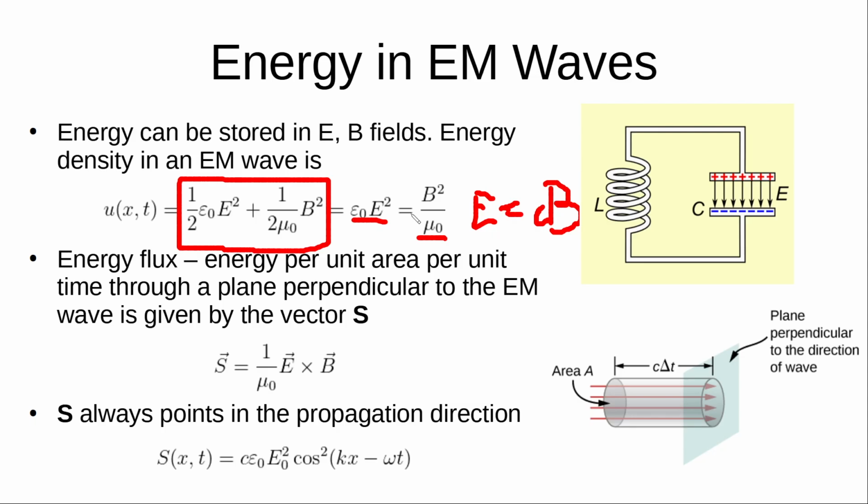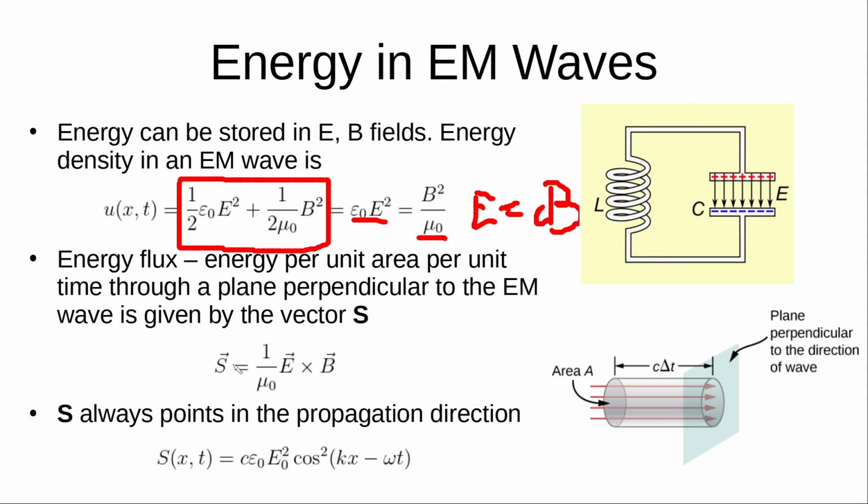So if we have this energy density, we can calculate what the total energy is in a cylindrical volume, and by calculating what that volume is that passes through, if we think of this as the energy in our electromagnetic wave, we can calculate how much energy is passing through a cylindrical volume from that wave in a given amount of time.